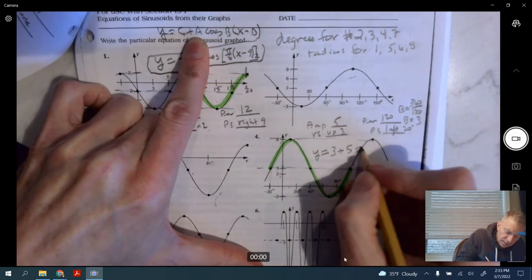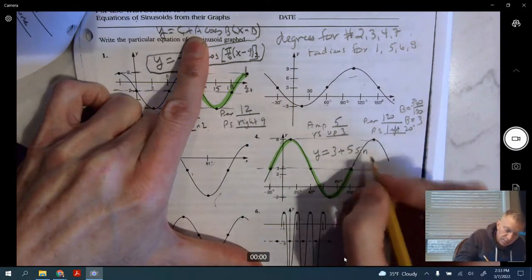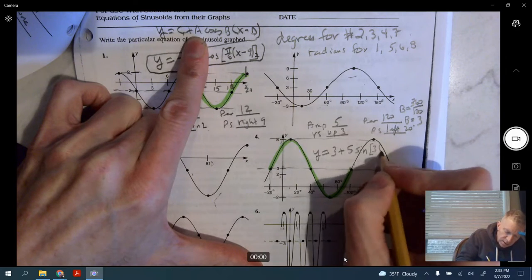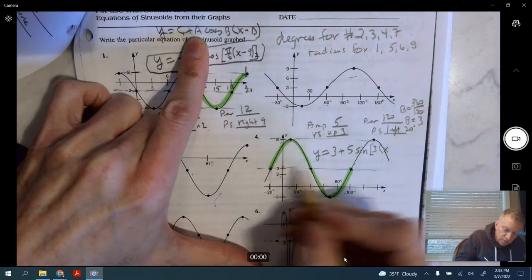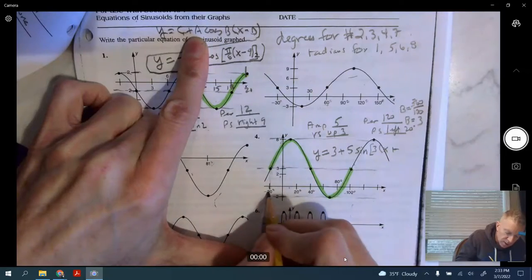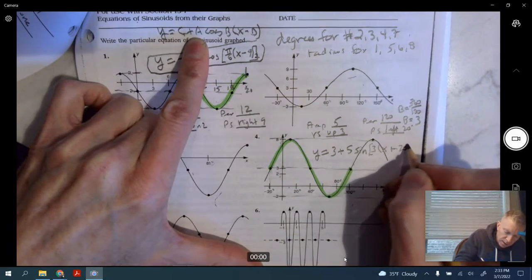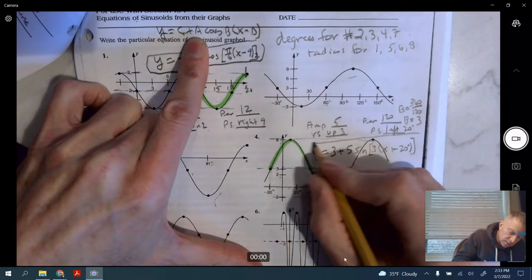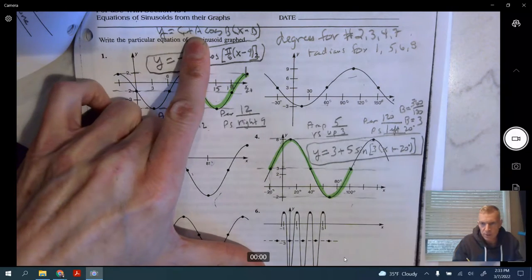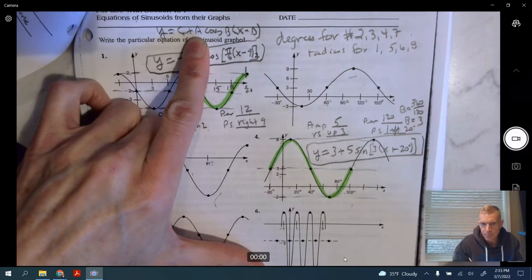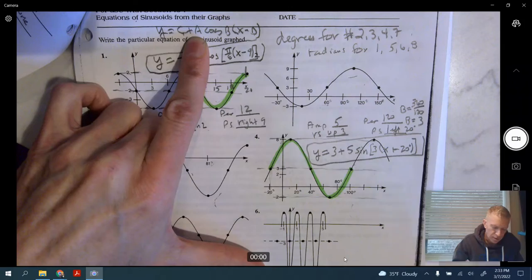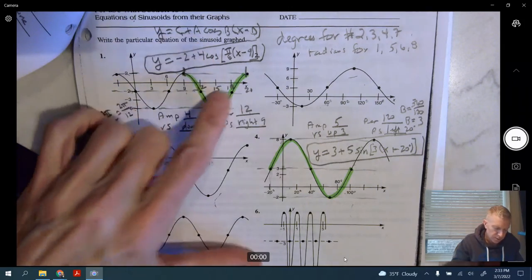And then we've got a sine graph, so sine of b, we found b to be 3. And then x minus d, well, it's going to be plus, because x plus, we're shifting 20 degrees to the right. And there are, of course, multiple correct answers.